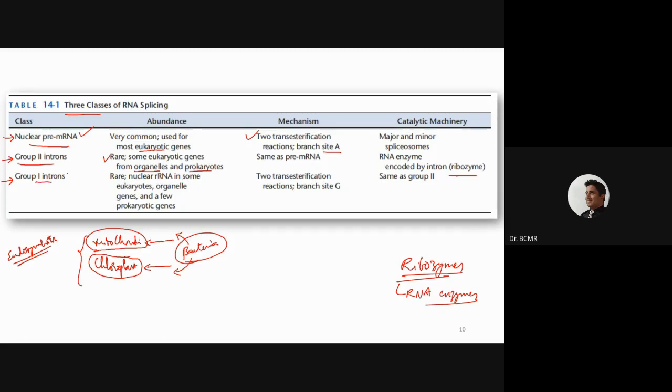Group 1 introns are also rare, and in nuclear rRNA genes, in some cases it may happen, and in organelles and prokaryotes. So you can think of group 1 and group 2 mostly happening, I mean, they are rare to start with, but they are mostly related to prokaryotes. Again, prokaryotes can also include cell organelles like the mitochondria and chloroplast. Okay.